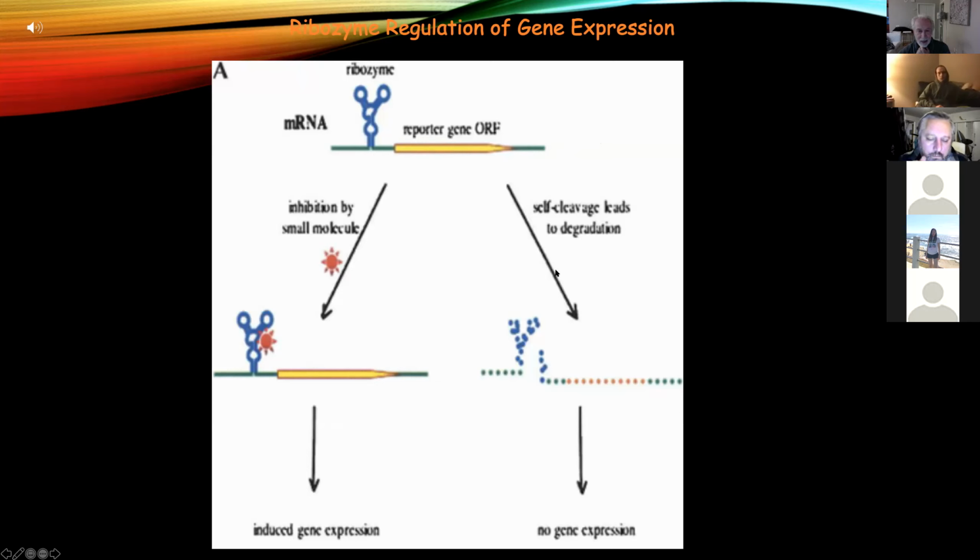If, on the other hand, the ribozyme is not inhibited, it's active and it cuts the RNA and that gene is not expressed. So that's like a switch. If the ribozyme is active, it turns the gene off. If it's not active, the gene's expressed.